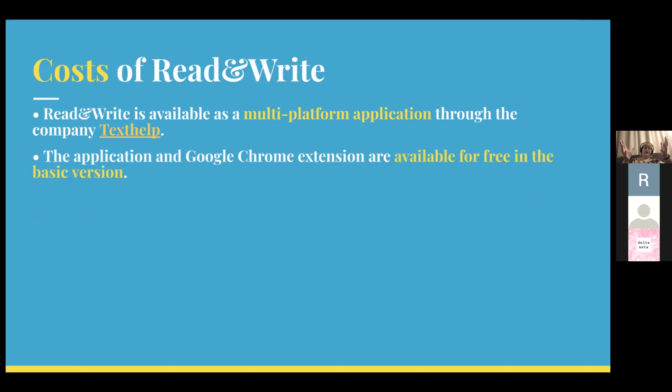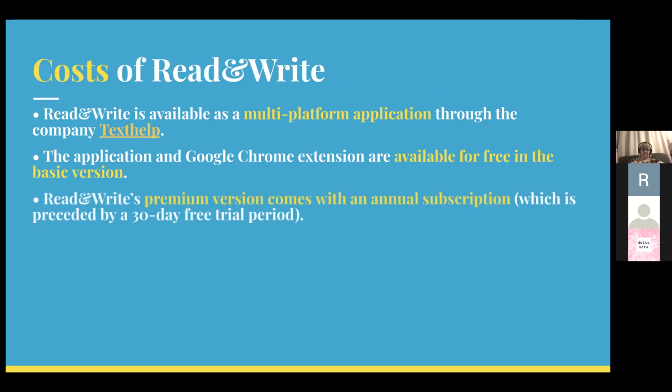The application, and also a Google Chrome extension, are both available for free in the basic version, which includes the main core features like the text-to-speech and stuff like that.